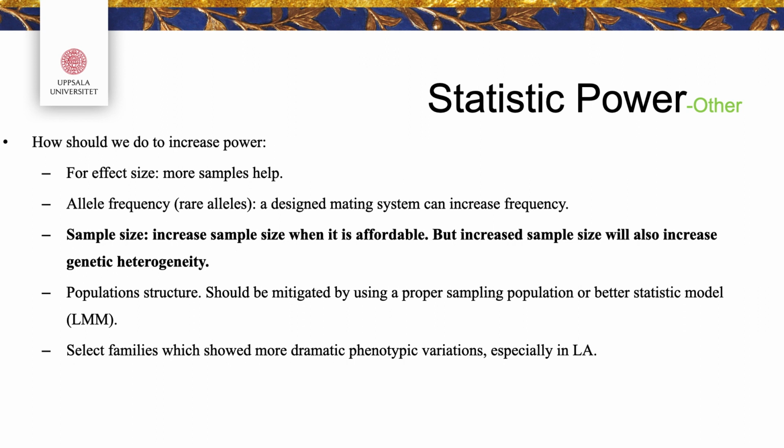More samples would increase power, but cost should also be considered. Population structure is the main issue in most GWAS projects. It has to be tested and corrected. In linkage analysis, select families showing big phenotypic variation.